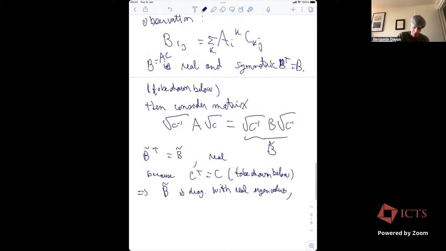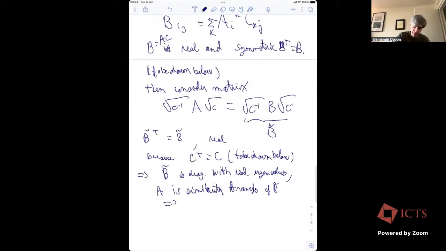And so as a consequence, because A is a similarity transformation of B tilde, then also A is diagonalizable with real eigenvalues.